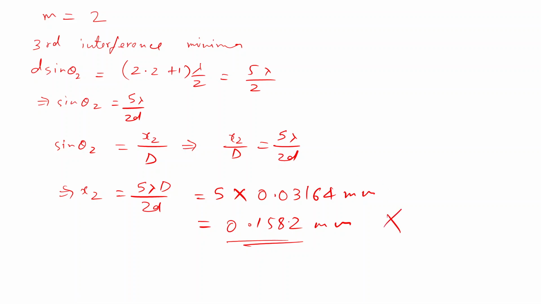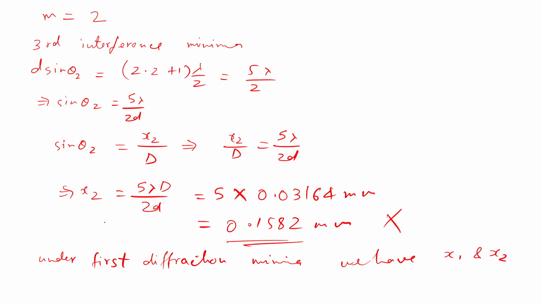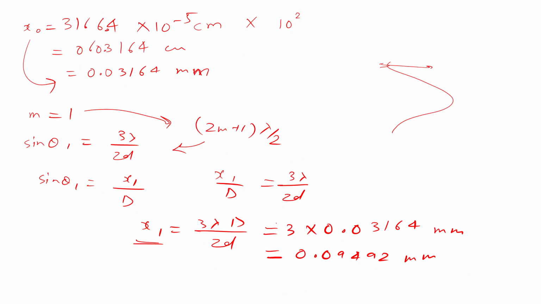This is not under the first diffraction minima. That means under the first diffraction minima we have interference minima x0 and x1, and the values are 0.03164 mm and 0.09492 mm.